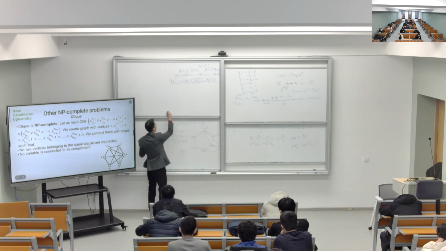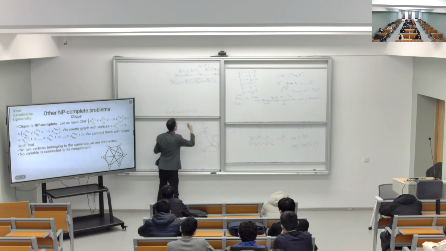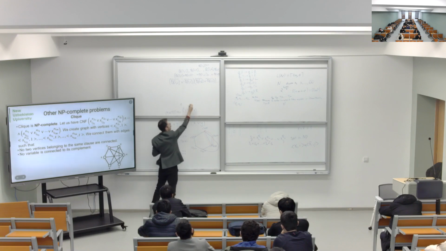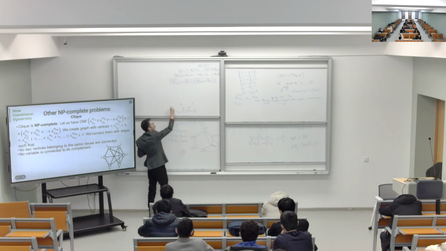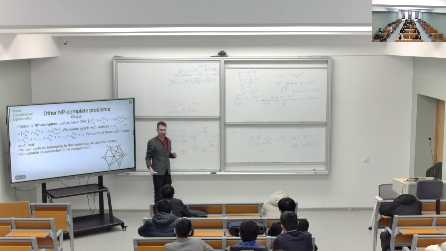So what will we have? 1 or 1, 1 or not 1 or 1. So not 1 will be 0. So 1 or 0. 0 or 1. 1 or 1. And their multiplication, it is satisfied.